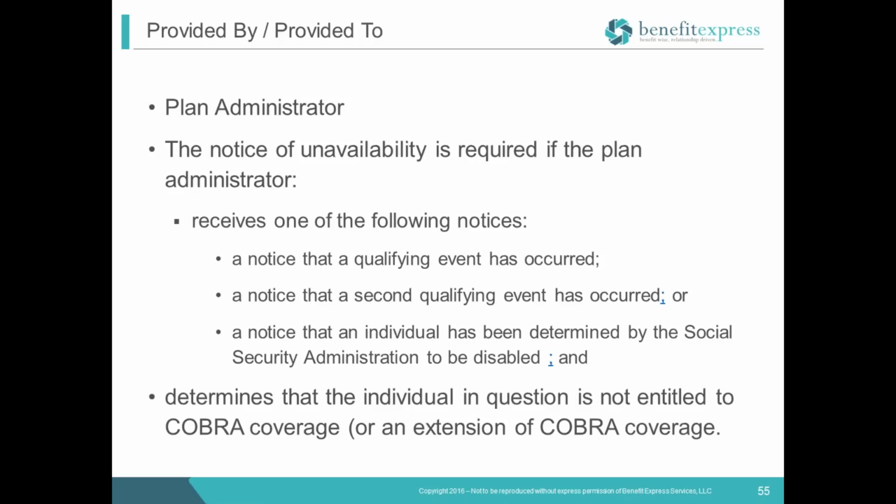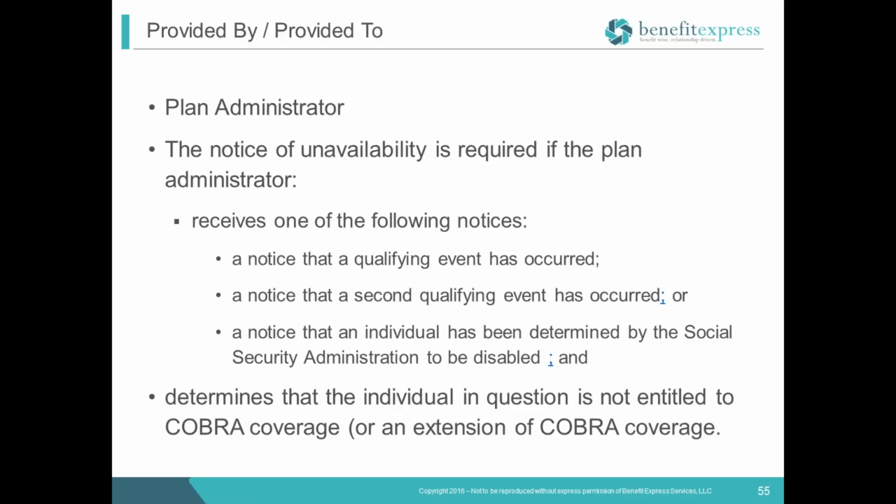Notice of unavailability is required if the plan administrator receives one of the following: a notice that a qualifying event has occurred, a notice that a second qualifying event occurred, or a notice that the Social Security Administration determined the individual in question is not entitled to COBRA coverage.